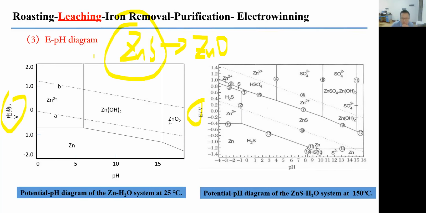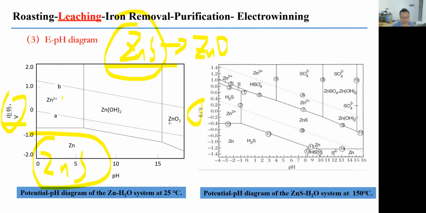When it is not oxidized, the chemical composition is still zinc sulfide, just like in some place somewhere here. But when the potential changes, it can also be oxidized, and that is the direct leaching of zinc sulfide. There are also some industrial practices.